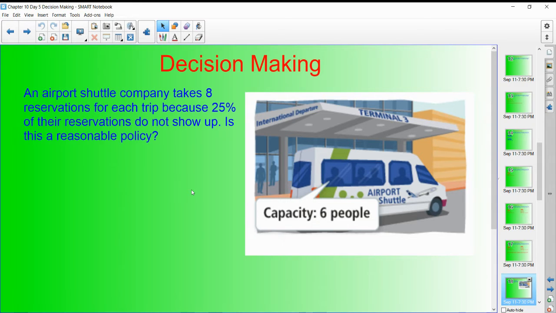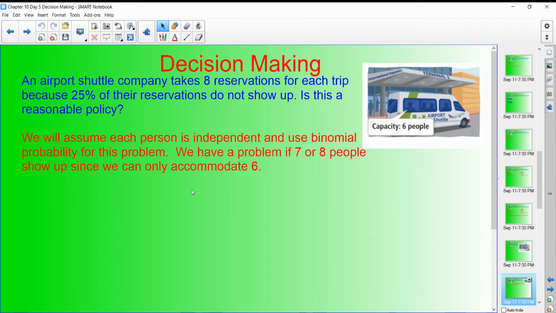And then we can decide, is the policy reasonable or not reasonable? So in this case, the shuttle only has capacity for 6 people. So if 7 people show up, I have a problem, and if 8 people show up, I have a problem. So we're going to use some binomial probability.